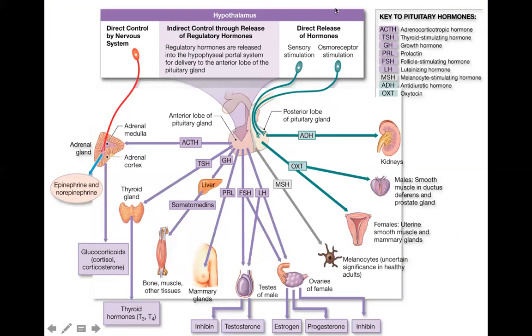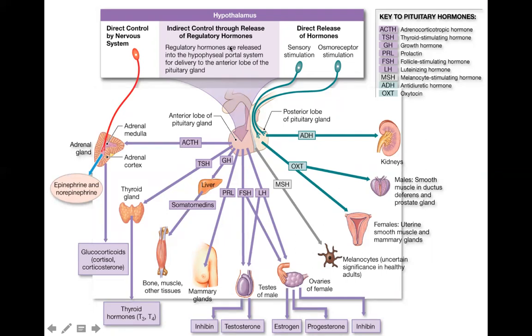Let's discuss first the direct control by the nervous system. As you can see in this illustration, they will act on the adrenal gland, but specifically only on the adrenal medulla, releasing epinephrine and norepinephrine. These are your neurotransmitters. Take note, only on the adrenal medulla do they act, thus releasing epinephrine and norepinephrine.